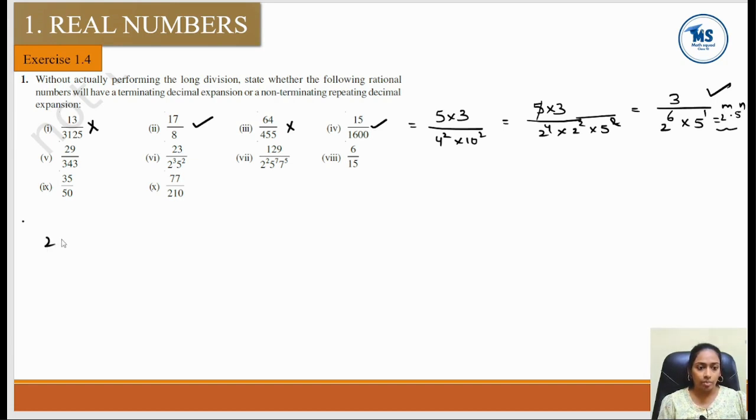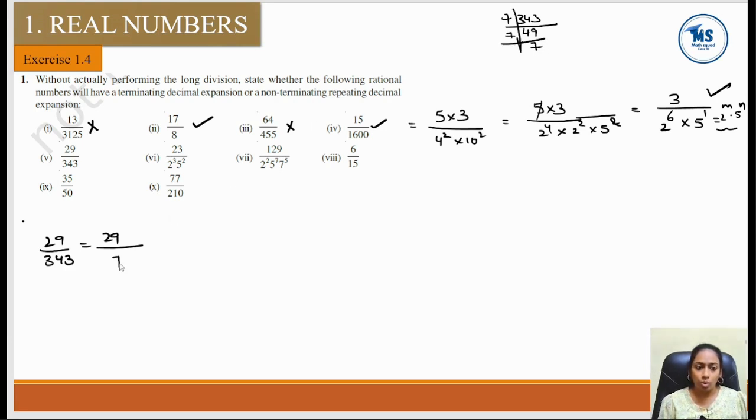Then 29 by 343. 29 is a prime number. I am doing the prime factorization of 343 here. 3 will not go, 7 will go. 7 4s are 28, 7 9s are 63, 7 7s are 49.